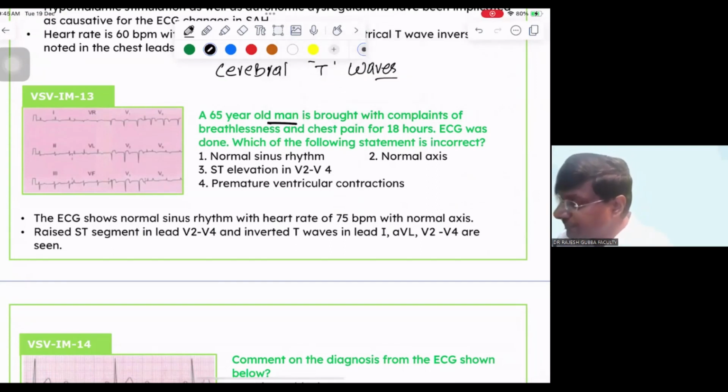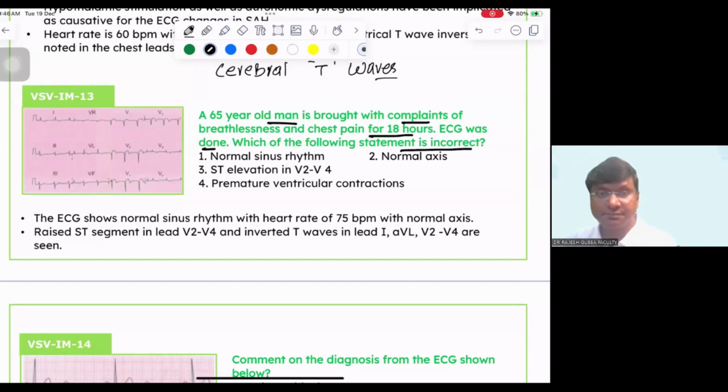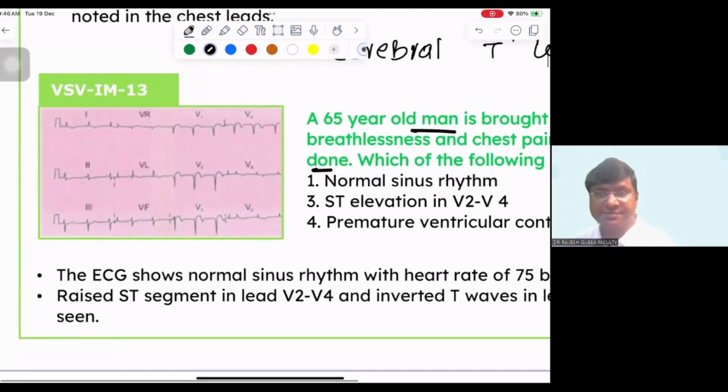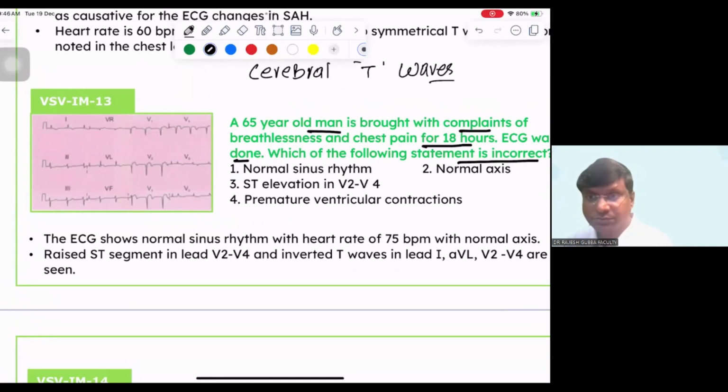Next. Now, a 65-year-old man is brought with complaints of breathlessness and chest pain for 18 hours. ECG was done. Which of the following statements is incorrect? Just zoom the ECG and observe. Very good, Agara Mudavalan.